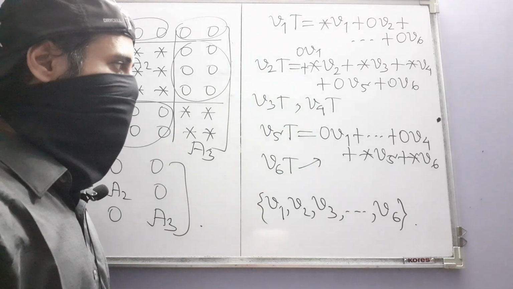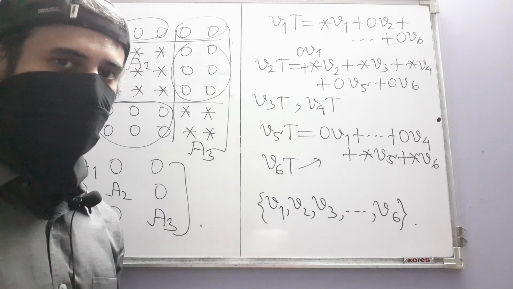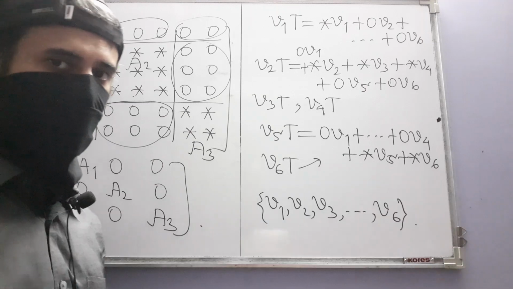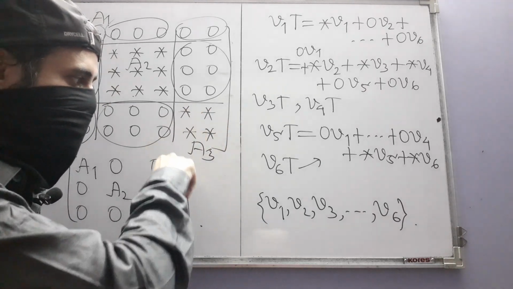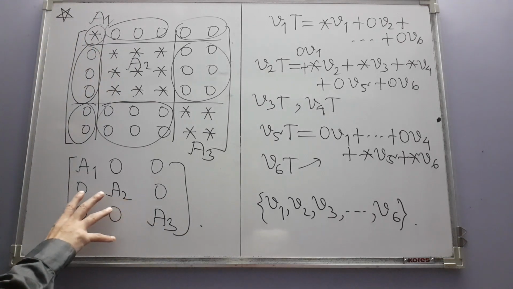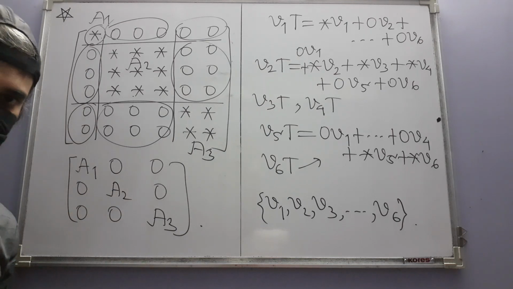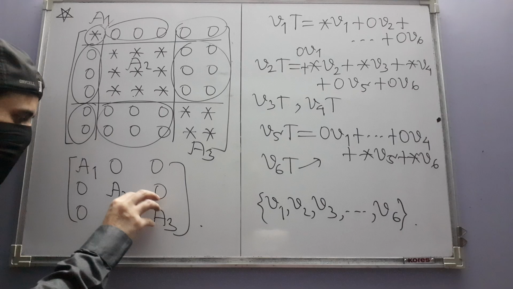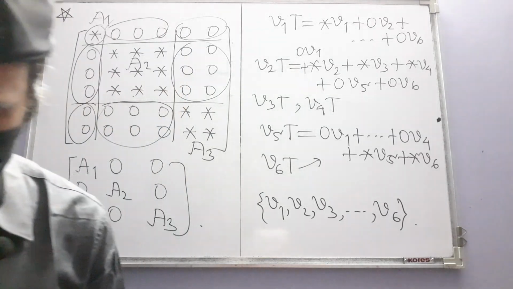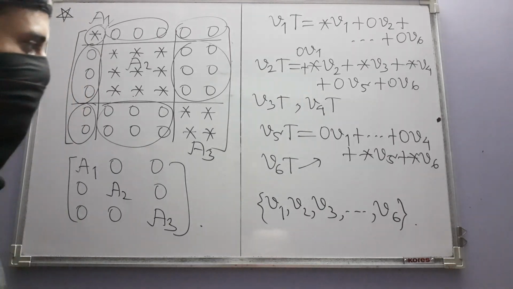And all of these things are happening because we have considered a direct sum. That is why just concatenating the bases one after another of the individual spaces has given us a basis for the entire space. And everything is happening so nicely that they don't interfere in each other's matter. The matrices neatly get their own place in this larger matrix, which is the matrix of T. You can now see why the general case is like that.